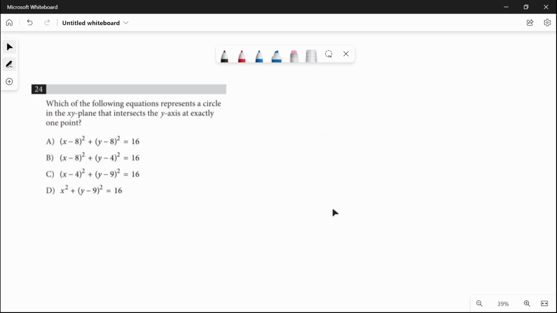Question number 24. Which of the following equations represents a circle in the xy plane that intersects the y-axis at exactly one point? So here we are given 4 circle equations, and we're asked to find the circle that intersects the y-axis at exactly one point. So let's draw an xy plane.